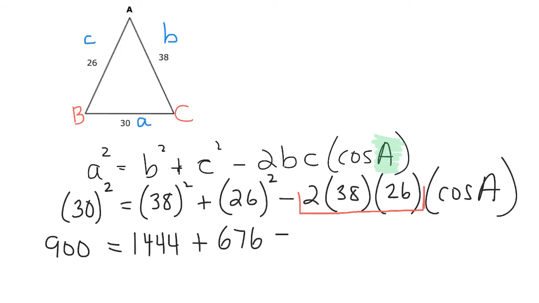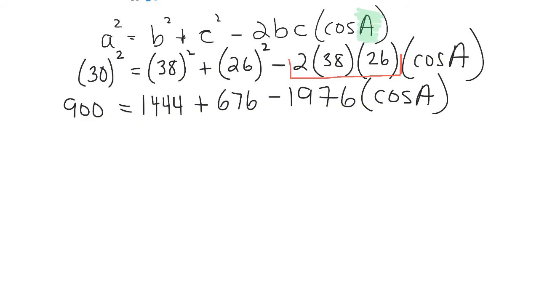There's nothing that we can do with this cosine of angle A portion because we can't put this into our calculator if we don't even know what angle A is. So if I multiply 2 times 38 times 26, that's going to give me 1,976, and I still have this cosine angle A attached to that. So make sure that you put them directly side by side.